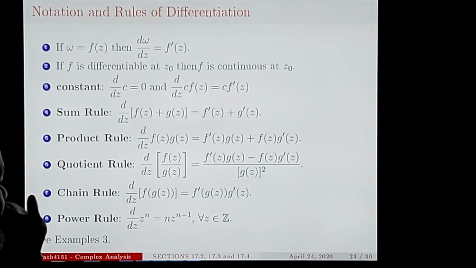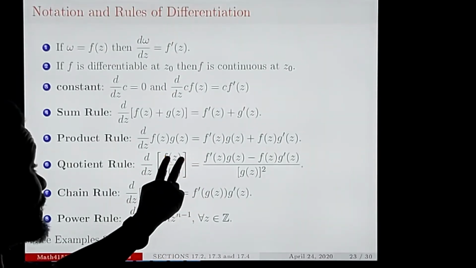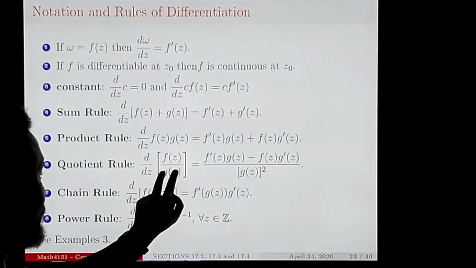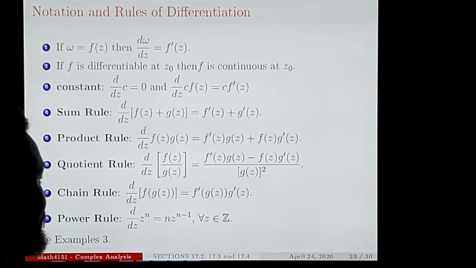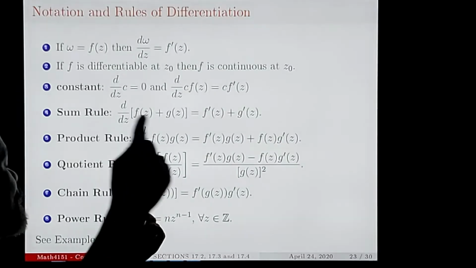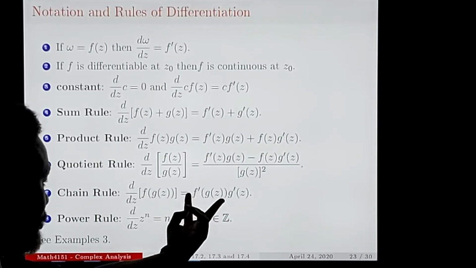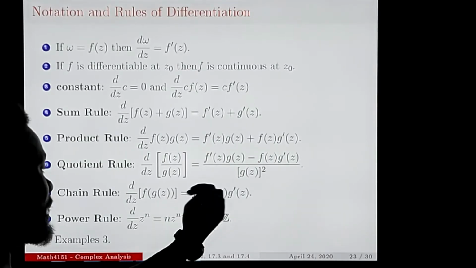Quotient rule, the same: you differentiate this, multiply by this, minus, differentiate this one, multiply by this, divide by the denominator squared. That's it. Chain rule: the derivative of a function of a function is the derivative of the outer function as it is, times the derivative of what you're dealing with, g dash of z.